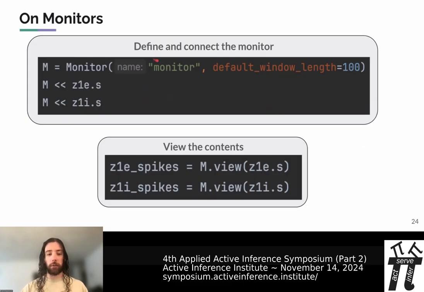The way this monitor works is it's just a component like any other component in NGC-Learn. Admittedly, it does work differently under the hood, but that's fine. What we have is a monitor by name, and then we have this default window length. This will keep a rolling window of the last n values that you define. So in this case, 100. So it will keep the last 100 values of whatever you tell it to.